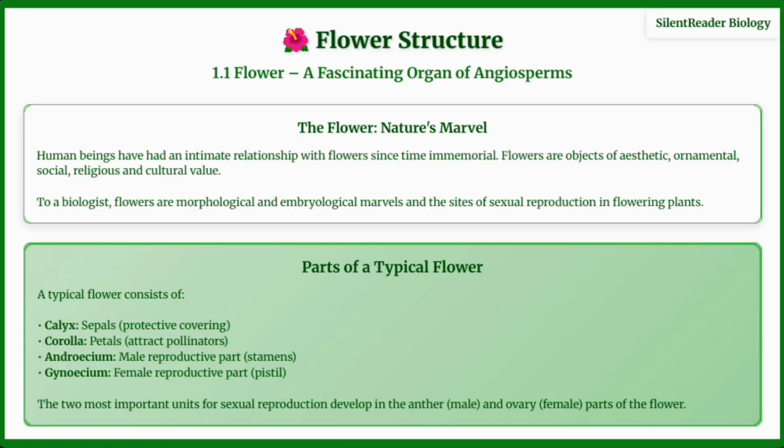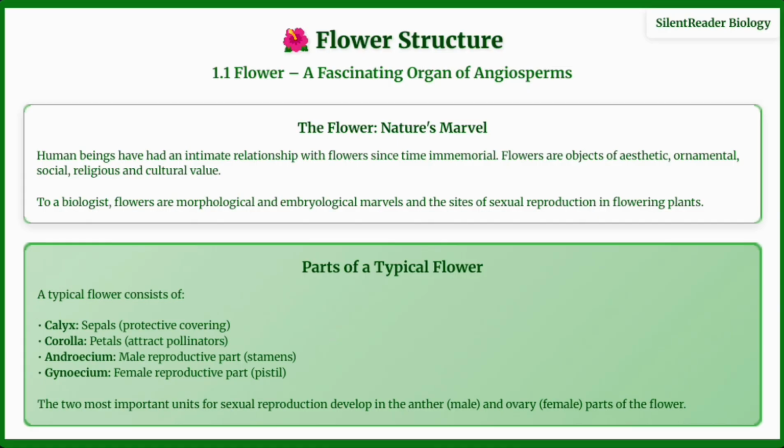Human beings have had an intimate relationship with flowers since time immemorial. Flowers hold aesthetic, ornamental, social, religious, and cultural value across civilizations. But to a biologist, flowers represent morphological and embryological marvels, the specialized sites of sexual reproduction in flowering plants.